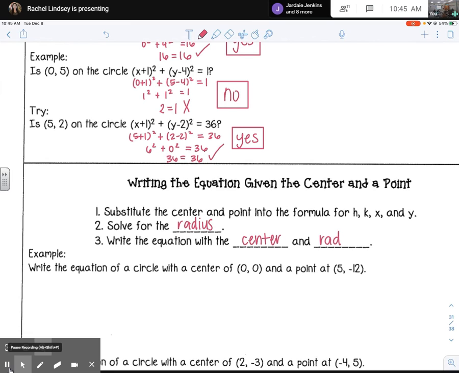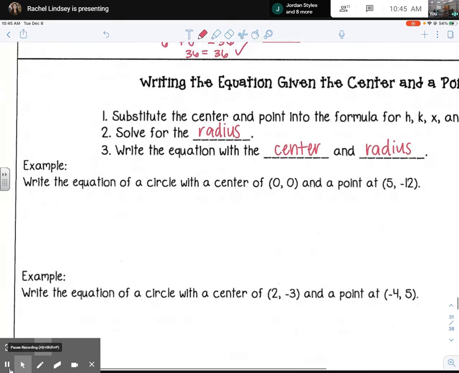So what I like to do when I'm doing this is I like to go ahead and write out my equation like I would if I already was given my radius. So my center right here is what? 0, 0. So that means I'd have x squared plus y squared, and that would equal my radius squared, right?